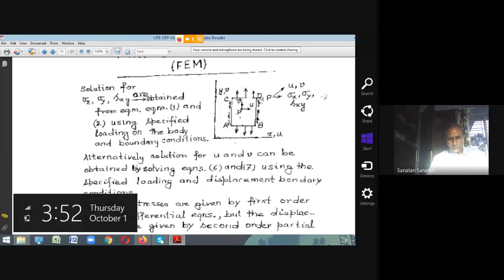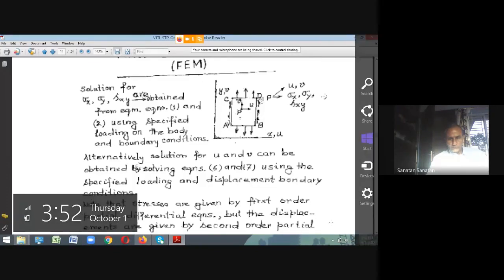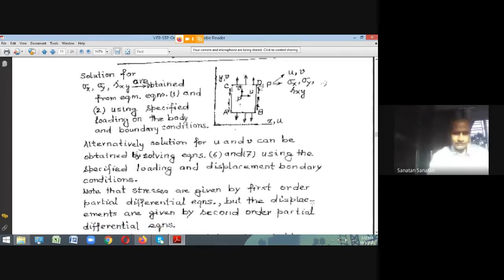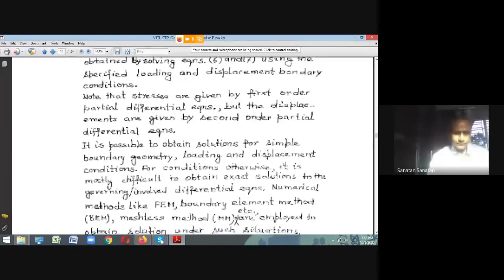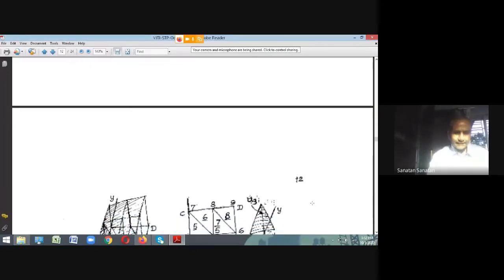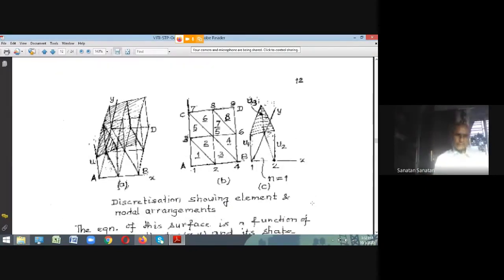So now we took up a simple case so that we can understand easily. We took up the case that the domain is rectangular, and we take the body ABCD in the XY plane, and then in the vertical direction we plot the U displacement.